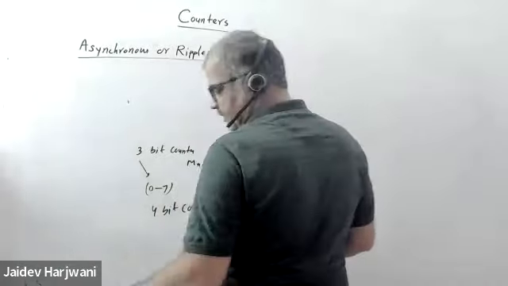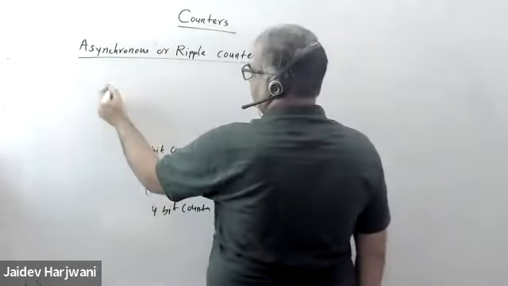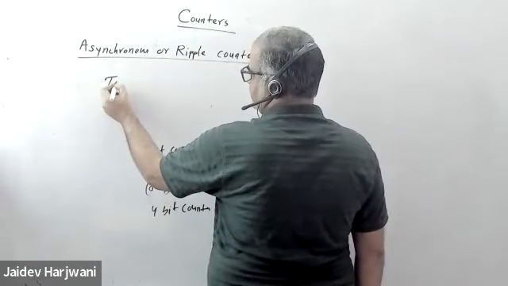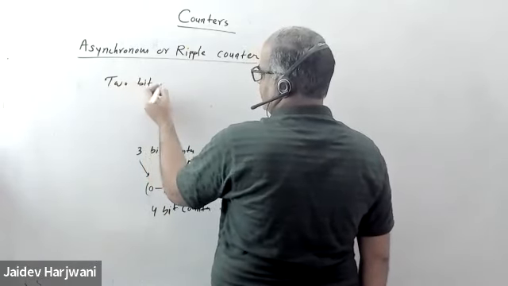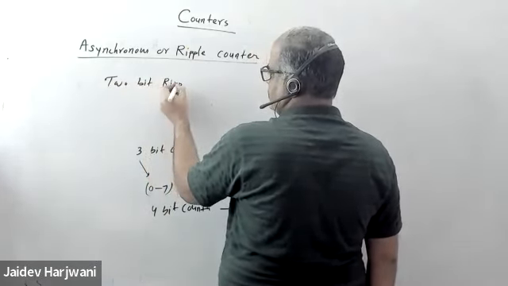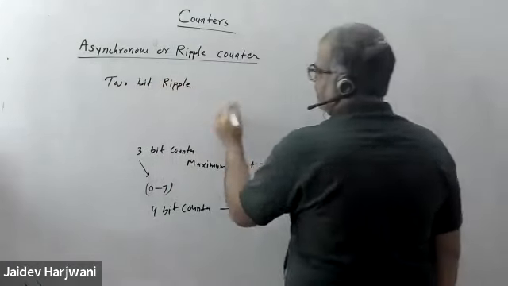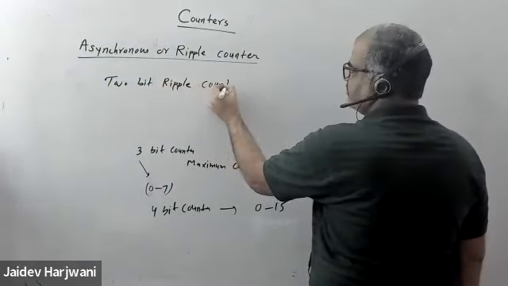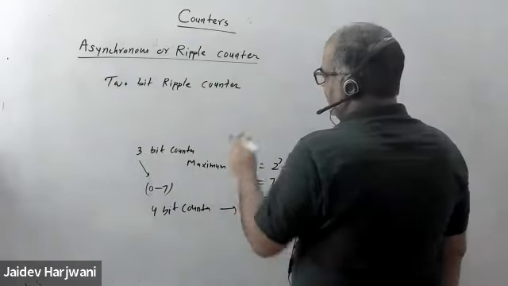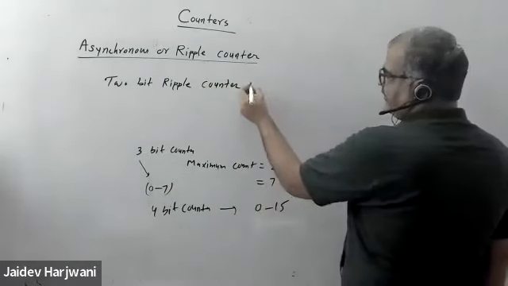A 2-bit ripple counter or asynchronous counter, both are the same thing. And I'm using a negative triggering clock.